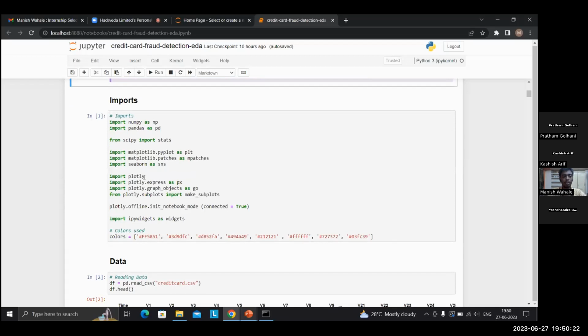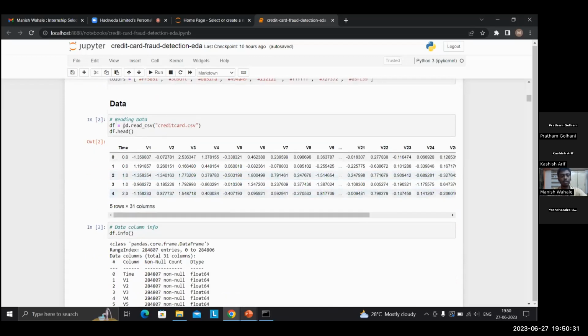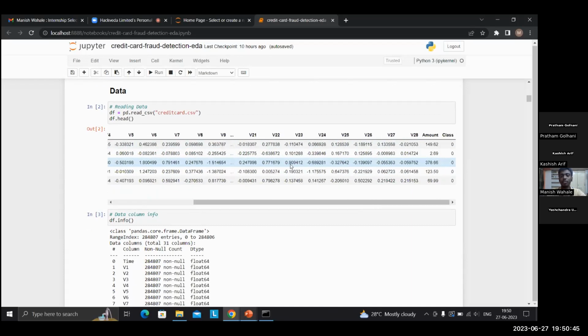Then Matplotlib, Seaborn, and Plotly are the graphical libraries, which will be helpful for plotting graphs. I've downloaded the data onto my local machine and imported it here using pandas. The import is successful, and we can see there are 31 columns: the 28 features, the time feature, the amount feature, and the class target variable.